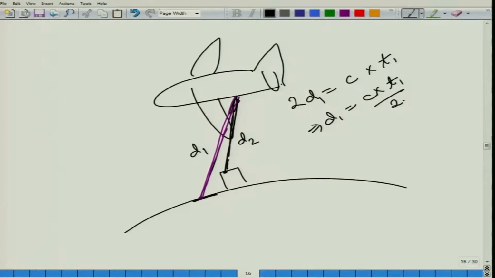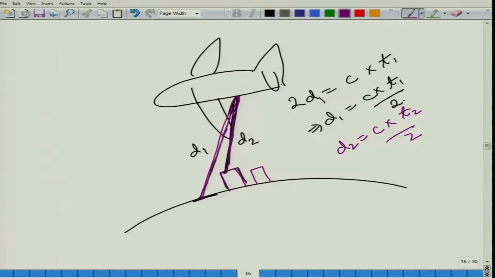Similarly, for the position of the building, we can calculate d2 is equal to c times t2 upon 2. Now, if we exactly knew the position of our aircraft and its tilt on all the axes very precisely, then just by knowing these d1 and d2, we would be able to reconstruct the scene computationally.